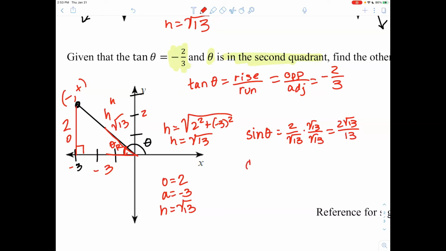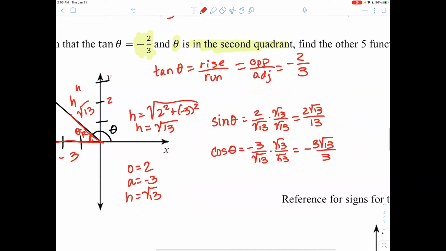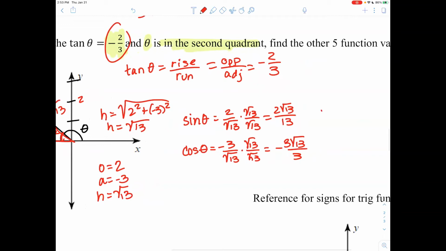Your cosine of theta. This should be negative because your adjacent here is a negative. So -3 over the square root of 13 times the square root of 13 over the square root of 13 is -3 square roots of 13 over 13. We already have the tangent, which means, guys, we already have the cotangent. We'll just flip that baby over, -3/2.